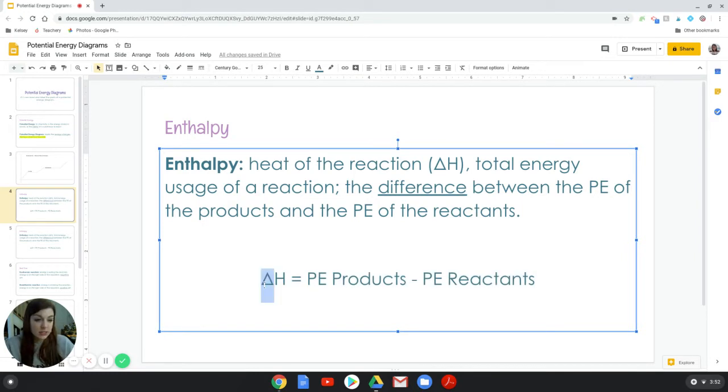Part of this is because delta in science means change, and delta is usually calculated by doing final minus initial. In chemistry, our final thing is the products and the initial thing is the reactants. So that's where that comes from.